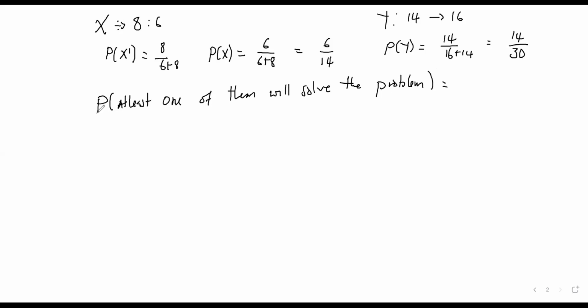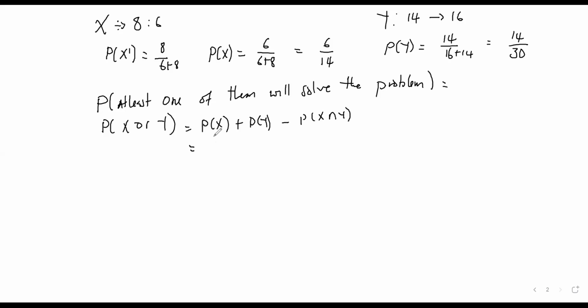That means either X or Y will solve the problem. So this is the probability of X plus the probability of Y minus X intersection Y.